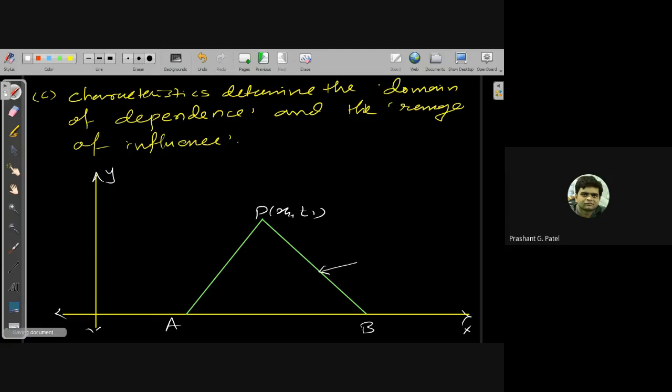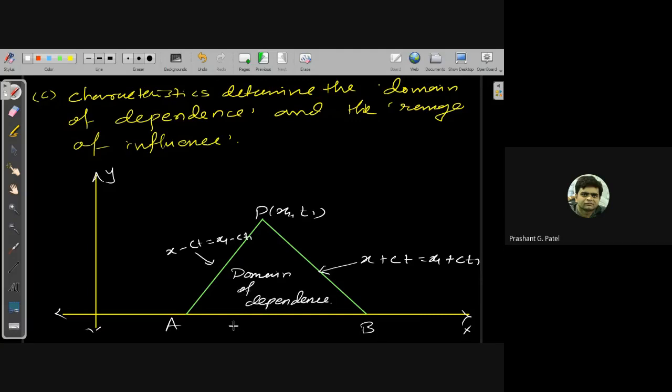This line is x plus ct equal to x1 plus ct1, and this is x minus ct equal to x1 minus ct1, and inside this triangle is actually the domain of dependence. And this point is x1, 0.